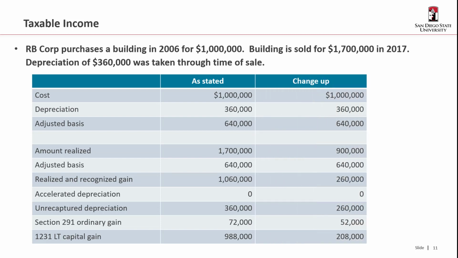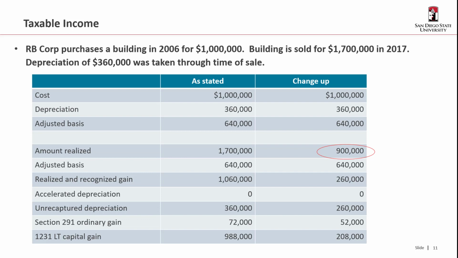Okay, let's mix this up a little bit and say that instead of selling it for $1.7 million, they only sell it for $900,000. In this instance, the adjusted basis is the same. The realized and recognized gain is 260,000.